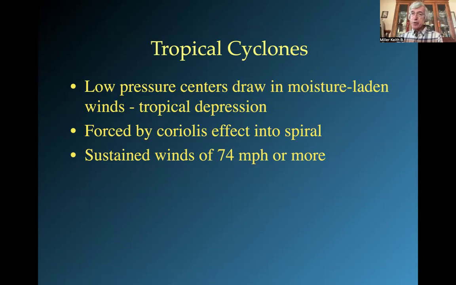And again, they're centered around low pressure systems that draw in moisture-laden warm air. And they're forced into a spiral by the Coriolis effect. And if they have a sustained wind of more than 74 miles per hour, we call them a hurricane.